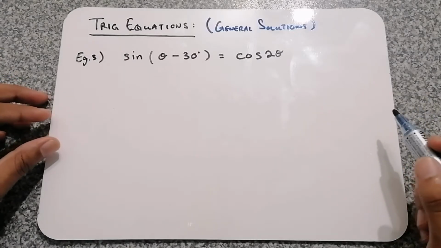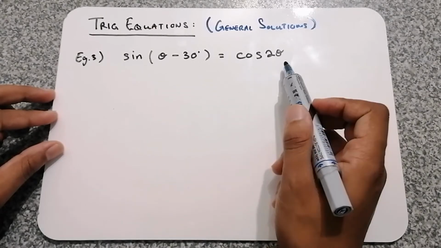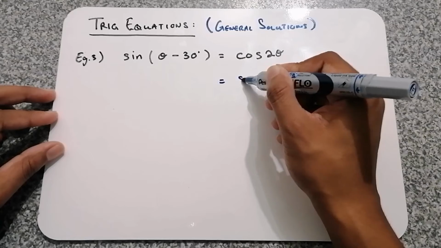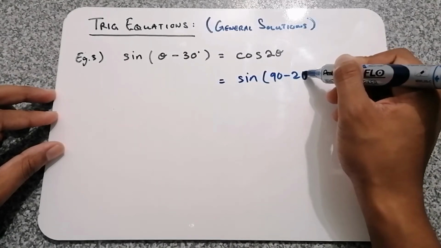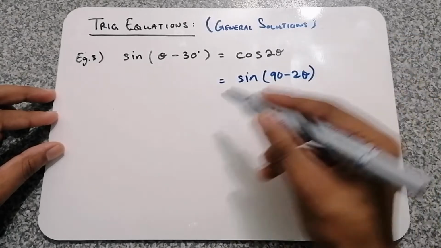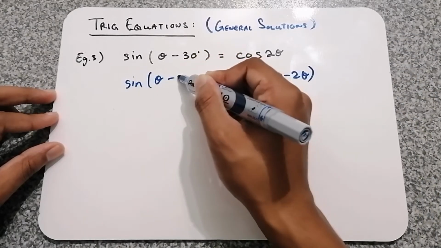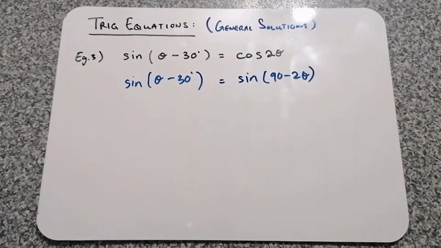So rather what I'm going to do is get a cofunction for cos 2 theta, which will then be sine 90 minus 2 theta. Okay, I want you to notice now, if I just rewrite this, that I have sine on both sides of the equation, and it's just sine with an angle.